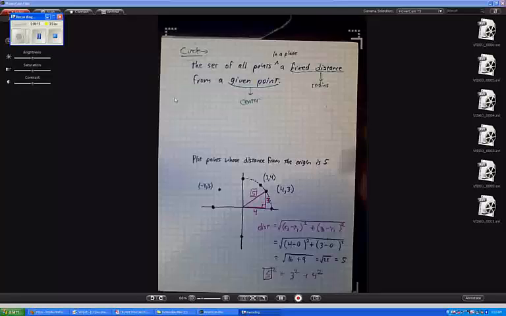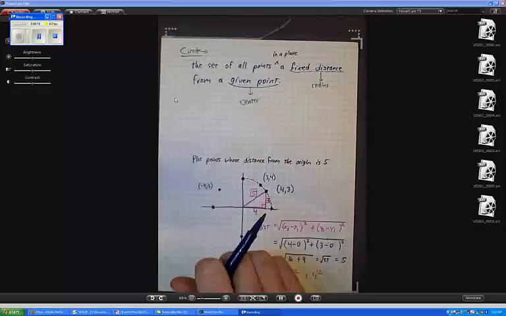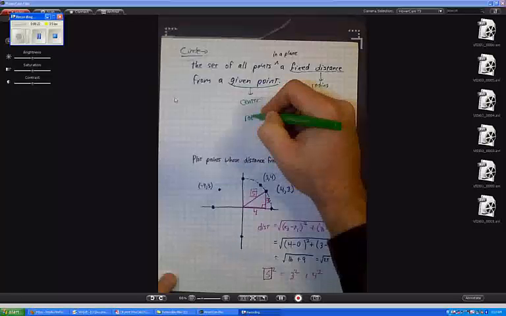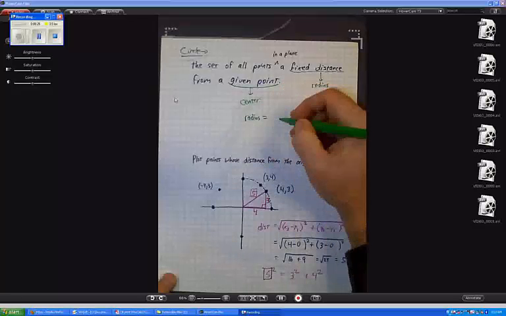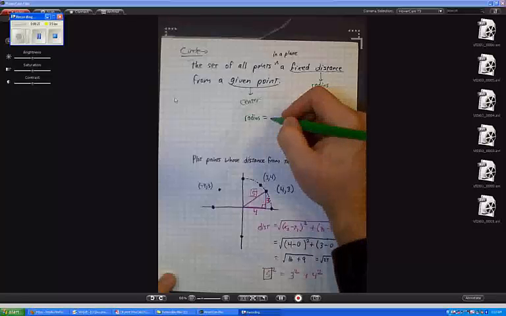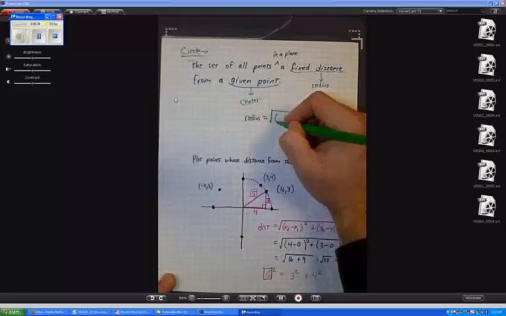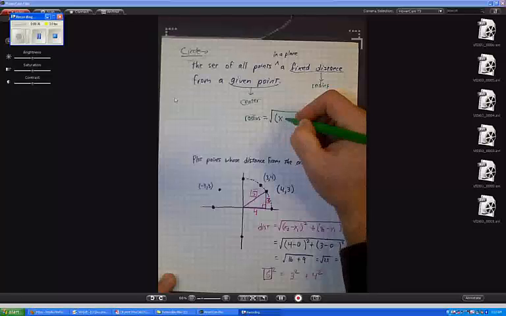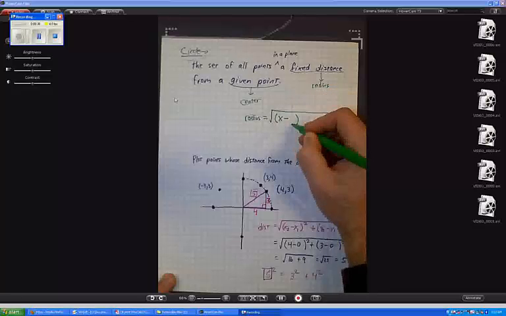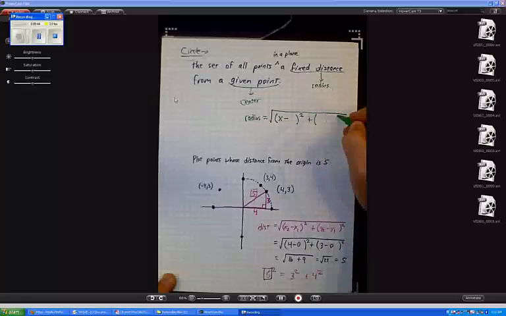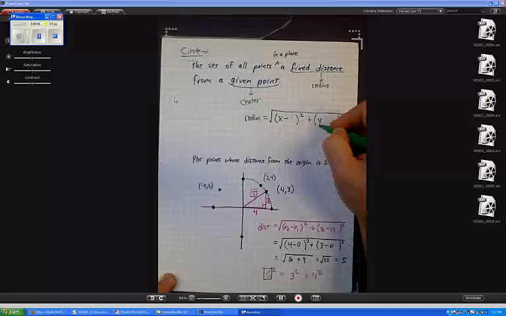What we do is we say, well, the radius is going to equal, it's a distance, right? And it's going to be the distance of x minus, leave it blank for now, squared, plus y minus, leave it blank for now, squared.